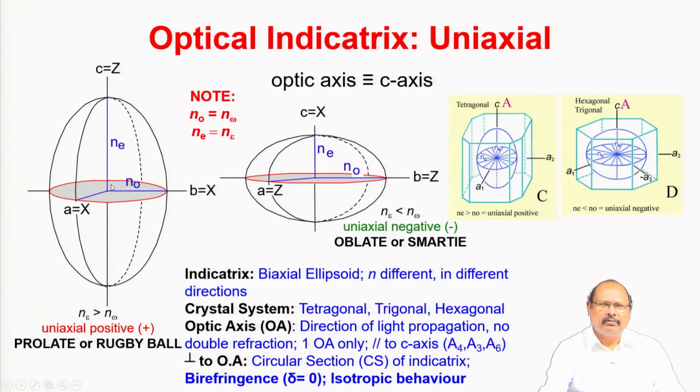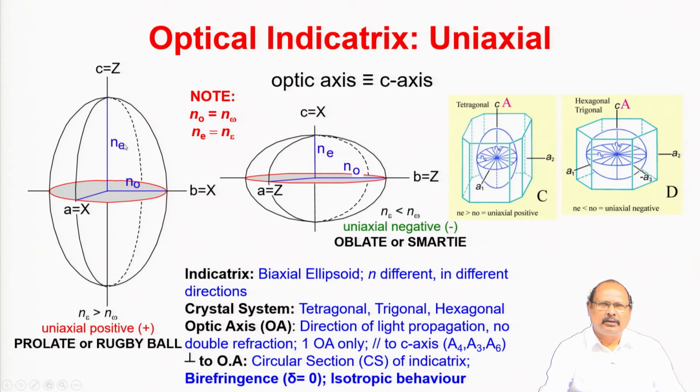let us now define the two rays that are present after double refraction. The ray that vibrates parallel to the C crystallographic axis, which is your optic axis, is called the extraordinary ray, and the refractive index corresponding to this extraordinary ray is called epsilon, sometimes also written as Ne.